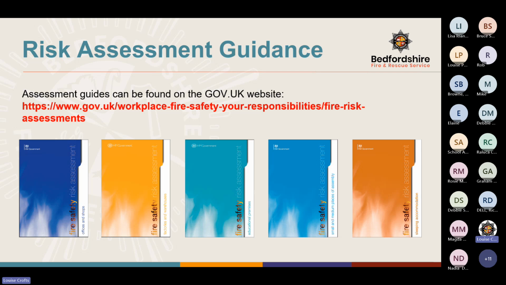There's an introduction section at the beginning of the guide, and within that introduction section, it will state which premises the guide applies to. So have a little read of that. If you're still in doubt, you can always contact us, and we can advise on that. These guides are really straightforward, nicely laid out, quite easy to use. The guides consist of two parts.